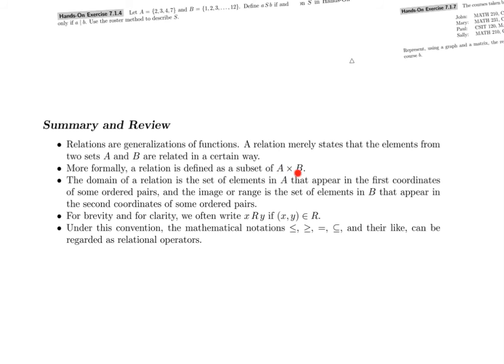It's important to remember that at its core, the formal definition of a relation is that it's a subset of A cross B, the Cartesian product of A and B. We talked about domain and image or range. You can use those interchangeably in this context.